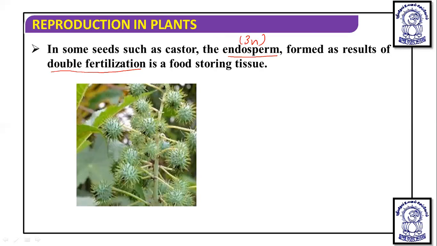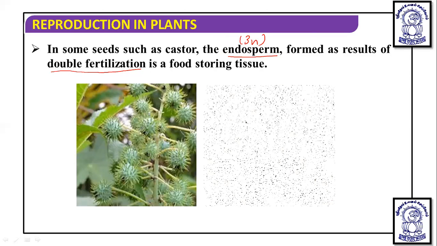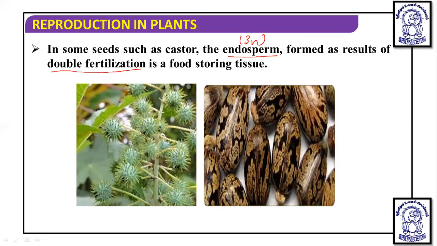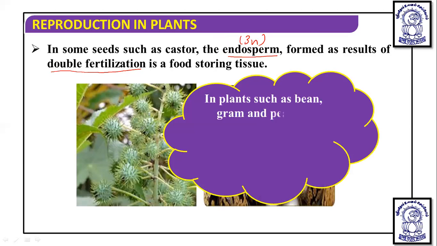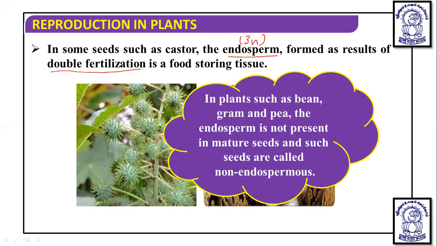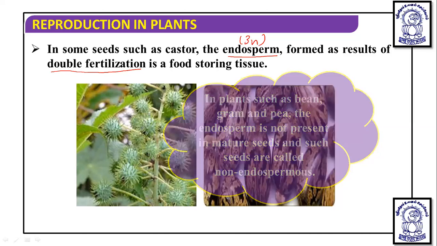This is castor, and we have studied about its oil, as it has an oily endosperm. Apart from that, in plants such as bean, gram, and pea, the endosperm is not present, and they are known as non-endospermic or non-albuminous seeds. That also we have discussed in the previous class.